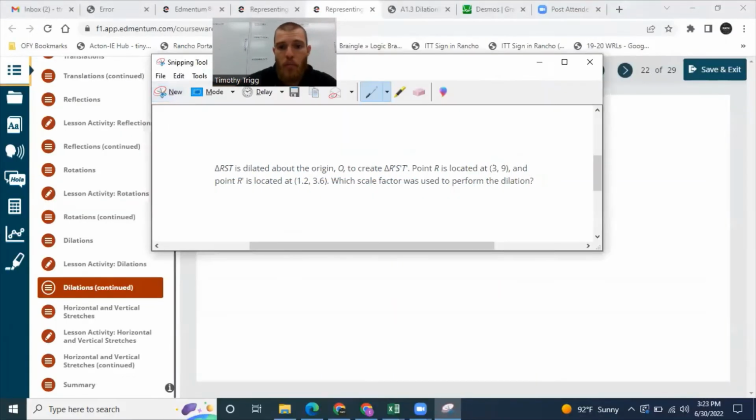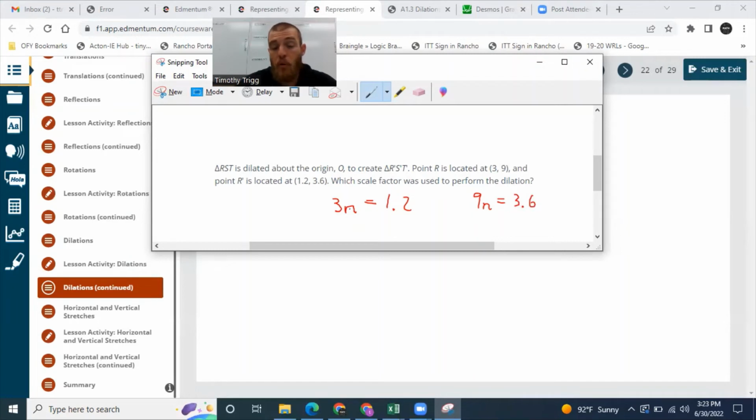So we went from 3, and then we multiplied by some scale factor, and then we end up getting 1.2. Similarly, the y coordinate 9, multiplied by some scale factor, gives us a coordinate of 3.6.